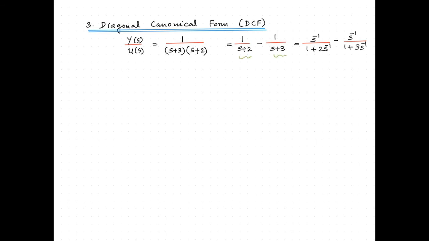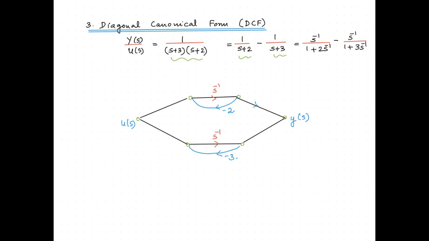So each of these terms can be treated as a transfer function that relates input and the output. So we have two integrators. It is of order 2, so we need to use only two integrators. Then we have the input and the output. Then I can write s raised to minus 1, s raised to minus 1. So the path gain will be 1. The path gain is written here.